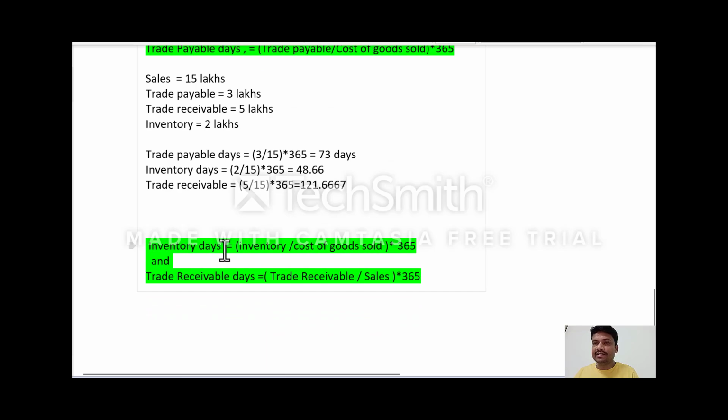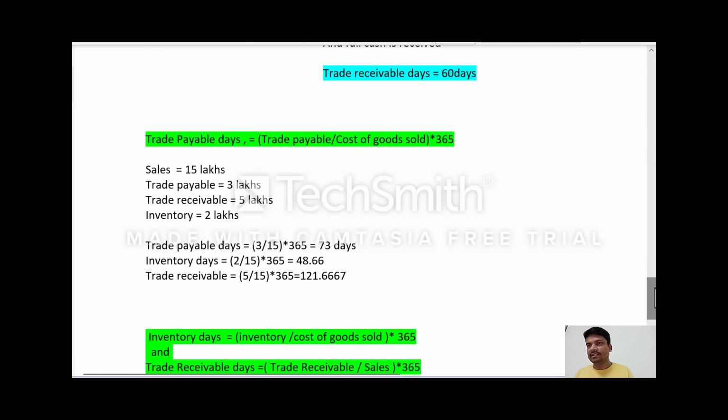Inventory days is equal to inventory by cost of goods sold into 365, and trade receivables days is equal to trade receivables by sales into 365. But suppose cost of goods sold is not shown in the balance sheet; then instead of cost of goods sold we can take sales. It will not be accurate, but we will get a very close figure.